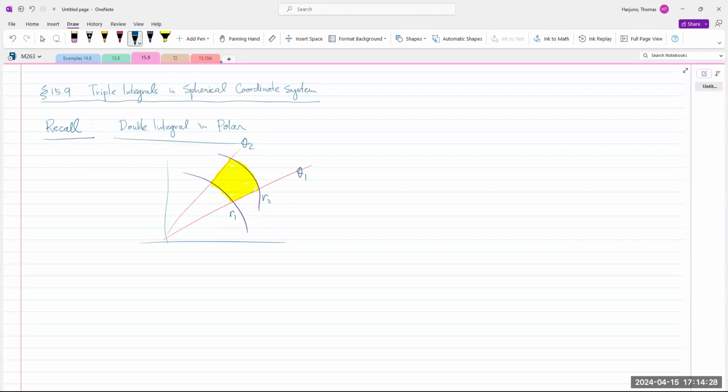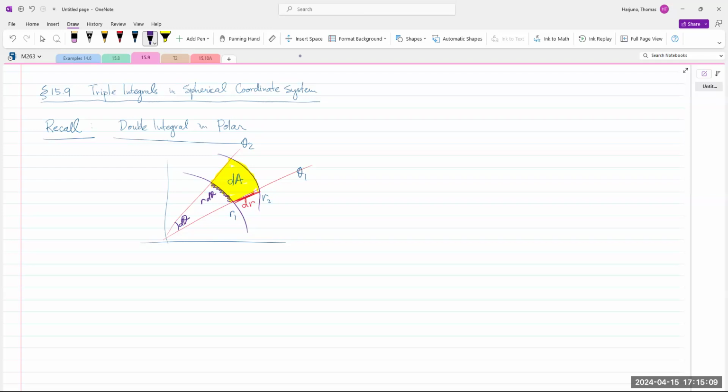Now suppose this is our small rectangle dA, then the differential of the area is actually the change of the radius, this is the dr, and the length of this arc here is r d theta, where this is the d theta.